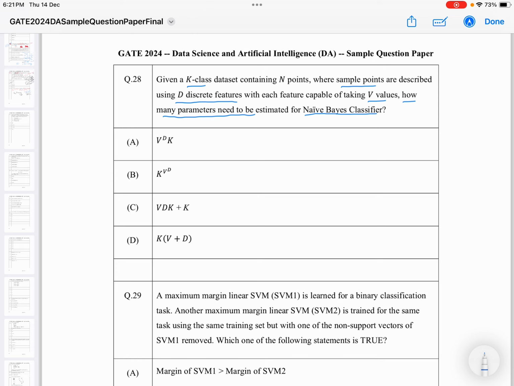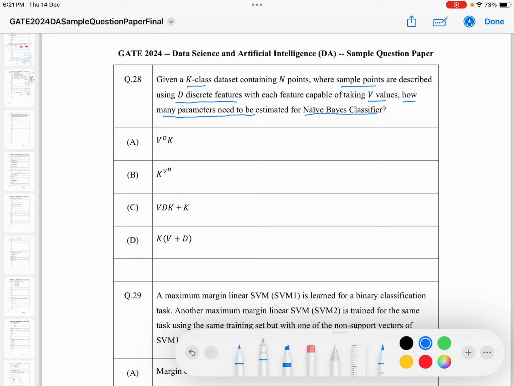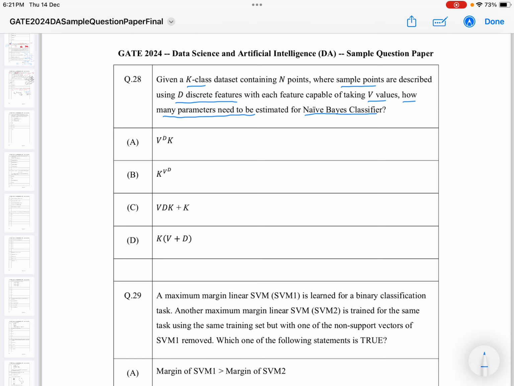If you have already gone through the theory of naive Bayes, then what I am considering is this. We have a total of k classes, and we have the feature vector x, so it will be a matrix, right? And how many columns will it have?